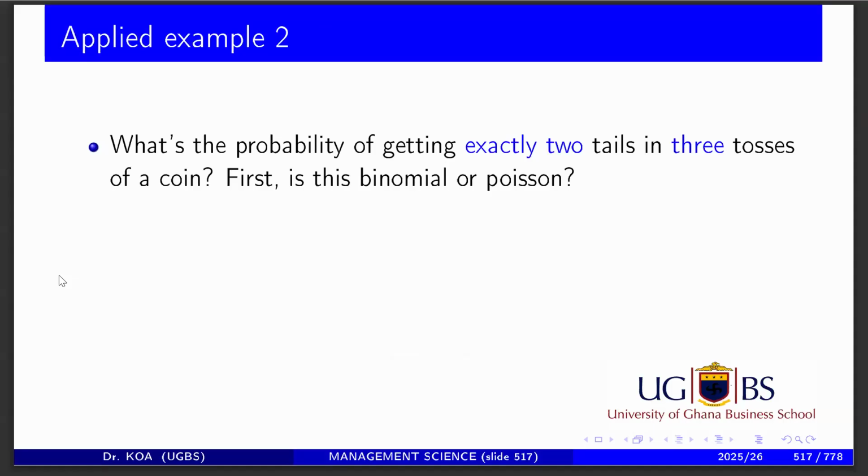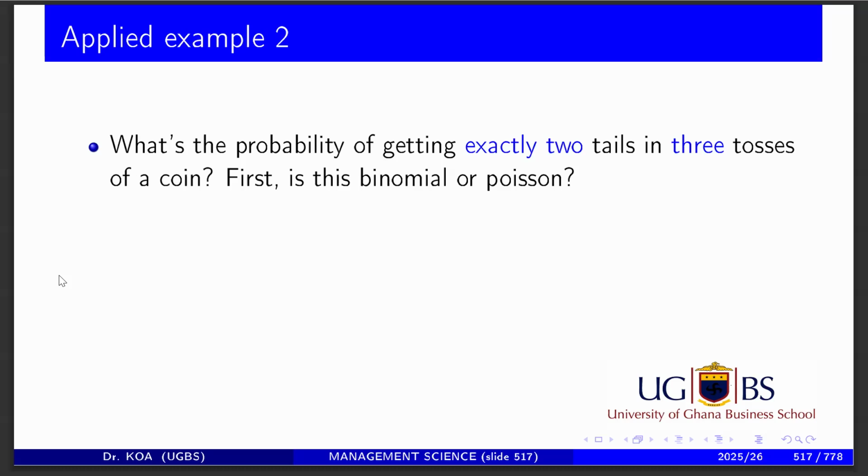What is the probability of getting exactly 2 tails in 3 tosses of a coin? First, is this binomial or Poisson? What is your comment?